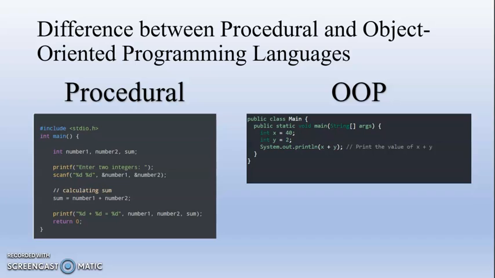And so going forward, the difference between procedural and object-oriented programming languages, quite frankly, deals with top-down approaches versus object-oriented approaches, where you can call certain methods anywhere in a program.